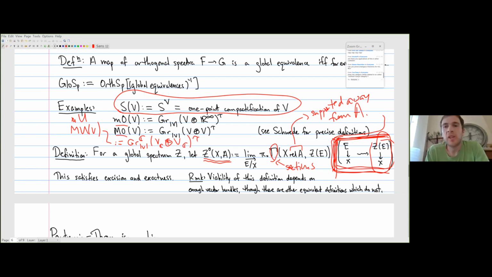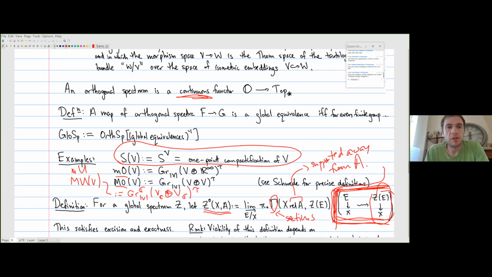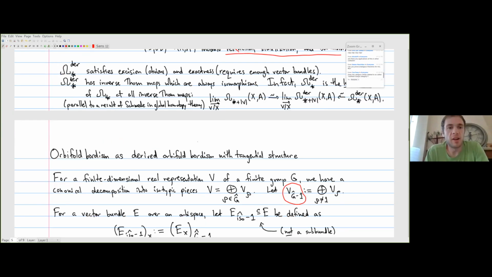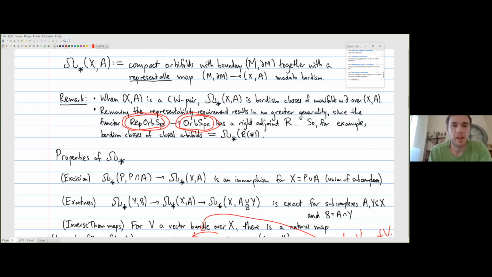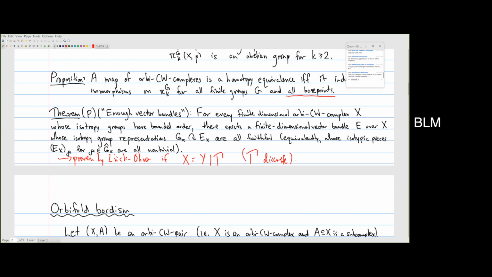And in fact, there's a result proven by Lück and Oliver, this enough vector bundles statement, if X equals Y modulo Gamma, for Gamma a discrete group, so possibly an infinite discrete group.